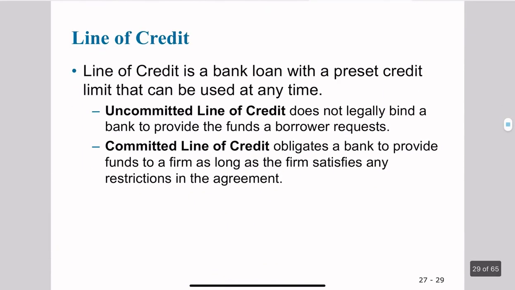And then the second type is the line of credit. So line of credit is a bank loan with a preset credit limit that can be used at any time. So it's sort of like firm's credit card, right?